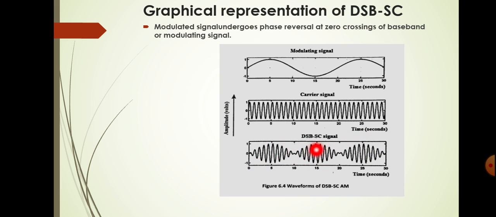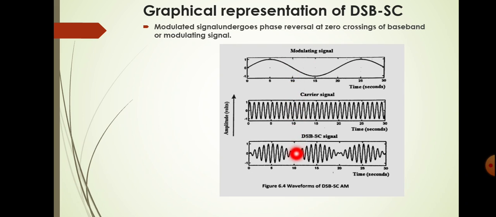Okay. And also here you can see that there is a phase reversal. Actually there is a phase reversal at this point. This point is similar to this point. That means whenever the modulating signal crosses the zero crossing, suppose if there is an x-axis like this, here the modulating signal crosses the 0 point.